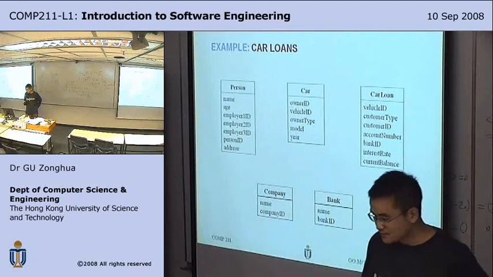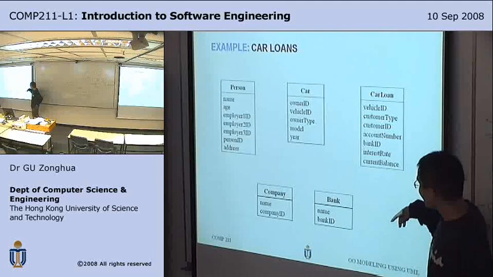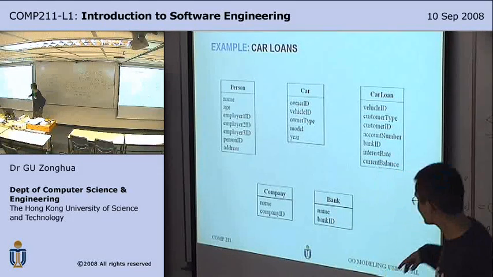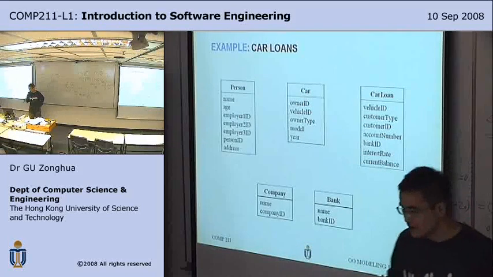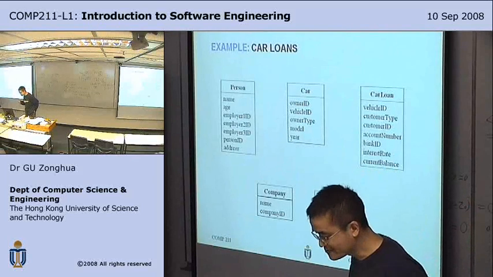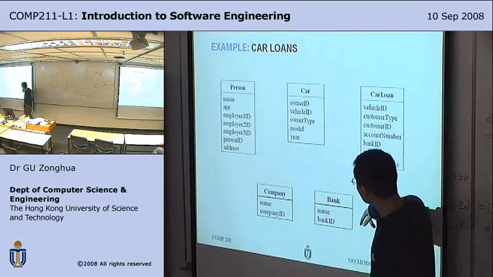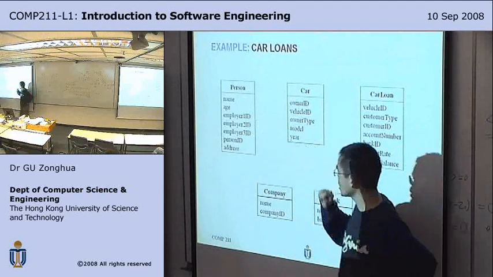So if this were a database, then you can establish relationships by these common columns or attributes. Say you want to find out which company a person works for. Then what do you do? You try to match the company ID with the employer ID in the person class.